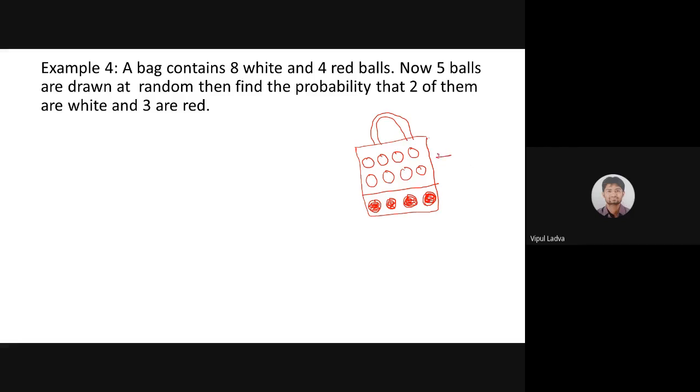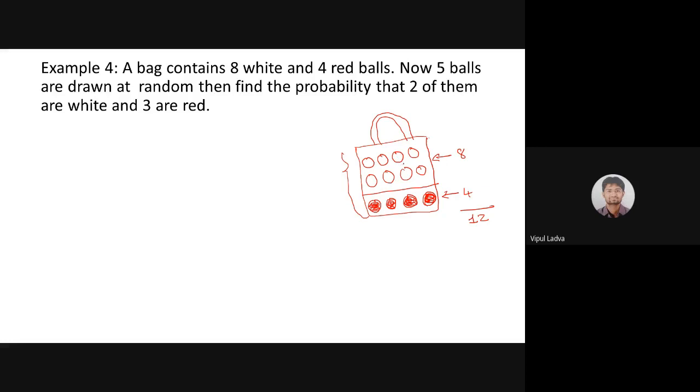So these are 8 white balls. These 8 balls are white. These 4 balls are red. And we are having total 12 balls in this bag. And out of this, we are selecting 5 balls. We are supposed to draw 5 balls at random. आंख बंद करके इसमें से 5 बॉल उठाना है एक साथ. देखिए, याद रखिए, this is not a case of replacement. ऐसा नहीं है कि एक बॉल उठाने के बाद उसको रिप्लेस करना है, देख लेना है, रिप्लेस करना है, ऐसा नहीं है.